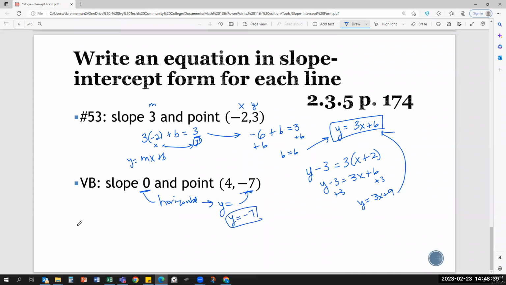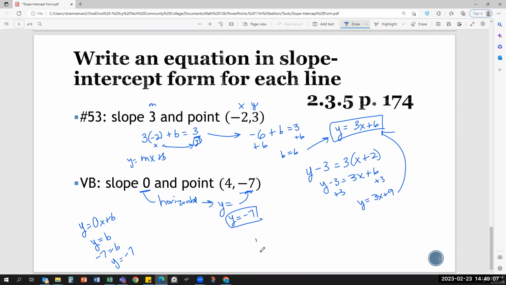But if I plugged in y equals 0x plus b, well, that just means y equals b, and that tells you that b is whatever the y coordinate is at any point is also b. So you get then -7 equals b, y equals -7, however your thought process goes with that.